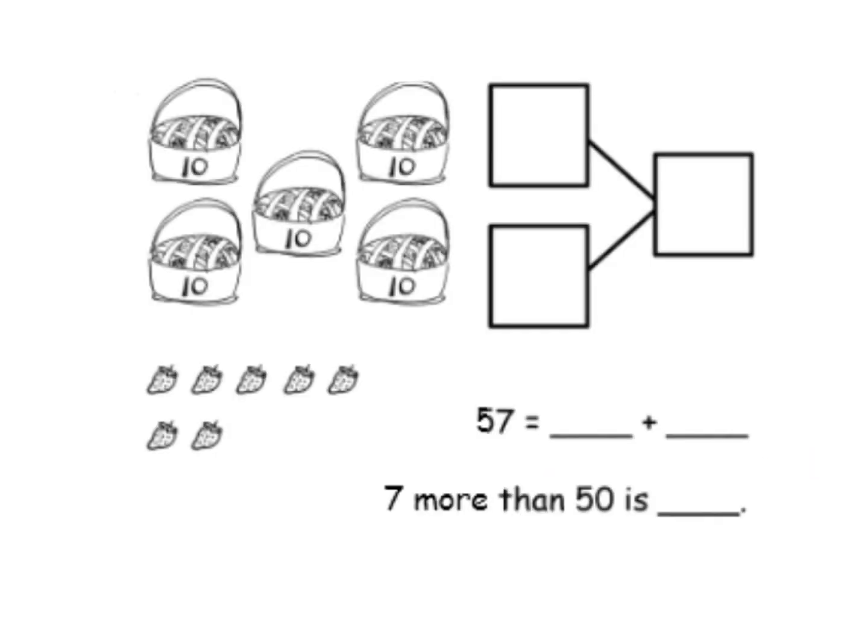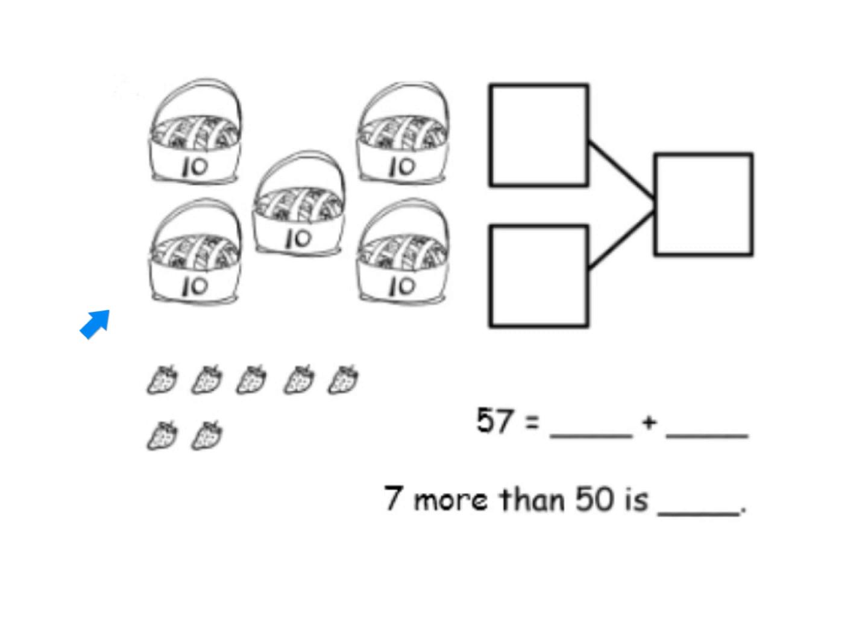Here we're going to be working with pictures and with number bonds. As you can see, we have 5 bundles of 10. 1, 2, 3, 4, 5. 5 bundles of 10 equals 50.